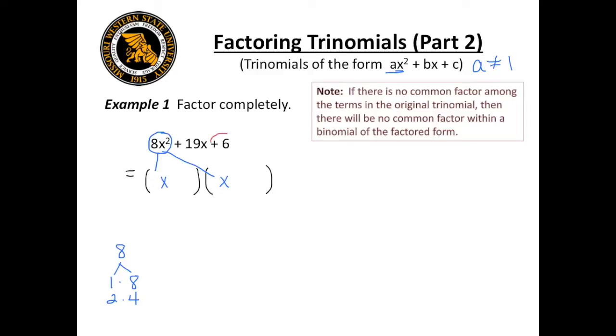Furthermore, the factors of the positive 6 at the end of the trinomial will go in the back. 6 has two factor pairs as well, 1 times 6 and 2 times 3. So there are many options here, and that's what makes factoring trinomials of this form a bit more challenging.